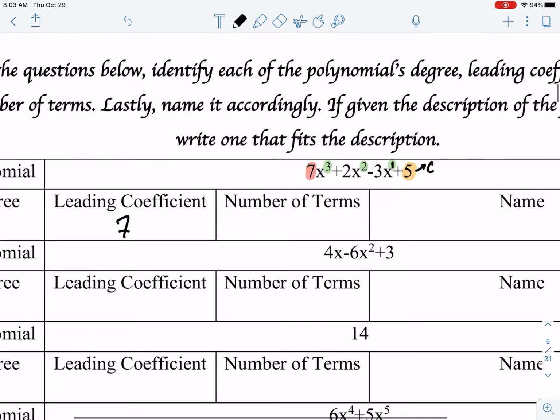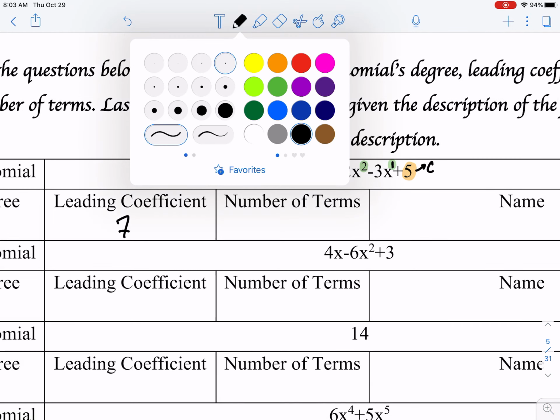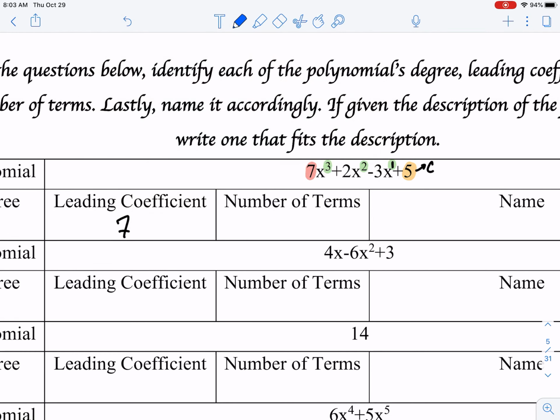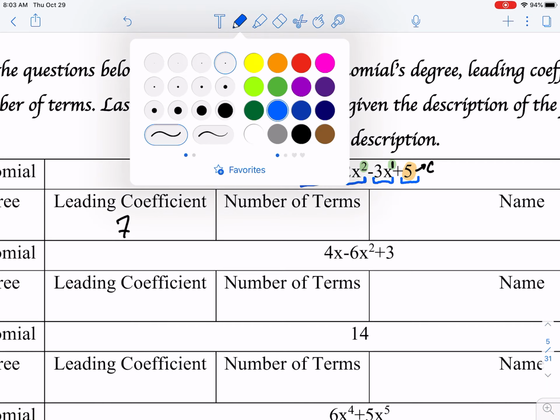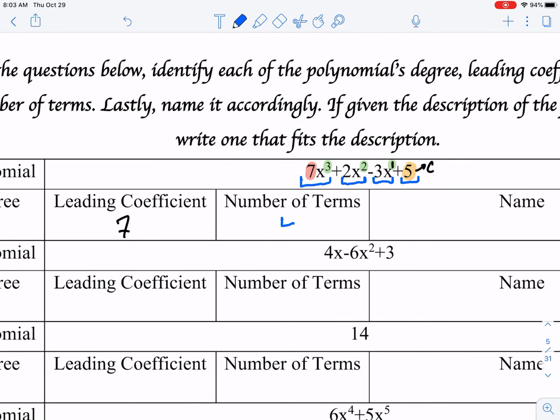Number of terms is separated by addition and subtraction. So 7x cubed is a term. I see a plus, so I'm going to start a new one. 2x squared minus, so I get to the minus and I stop. 3x plus, so I get to the plus and I stop. And then 5. So this time I had 4 terms.